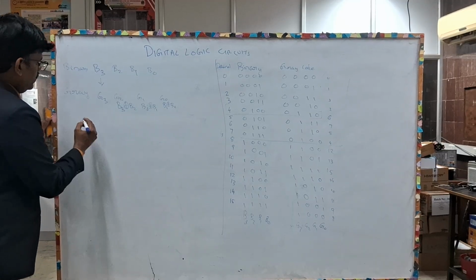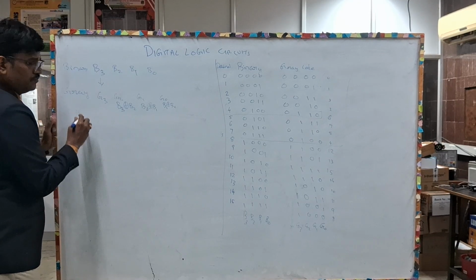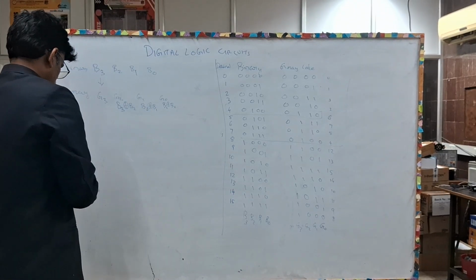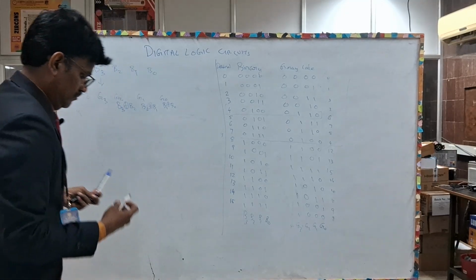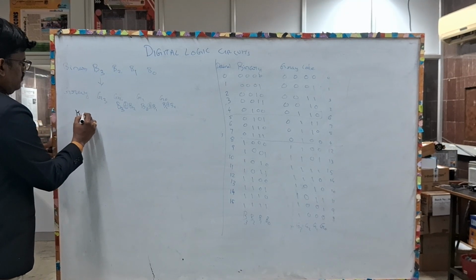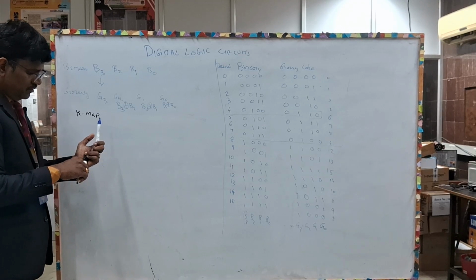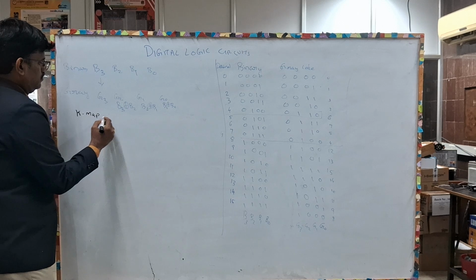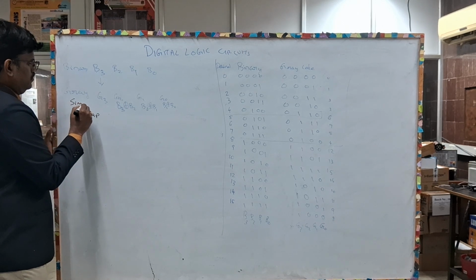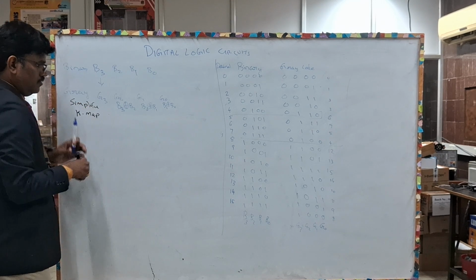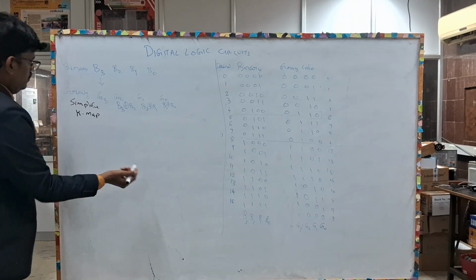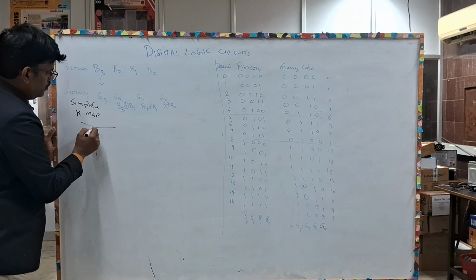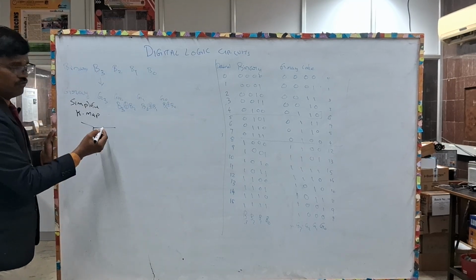So, let us do the K-map simplification. Let us take G3. The input is going to be 4 variables, so we are trying to take the 4 variable K-map.